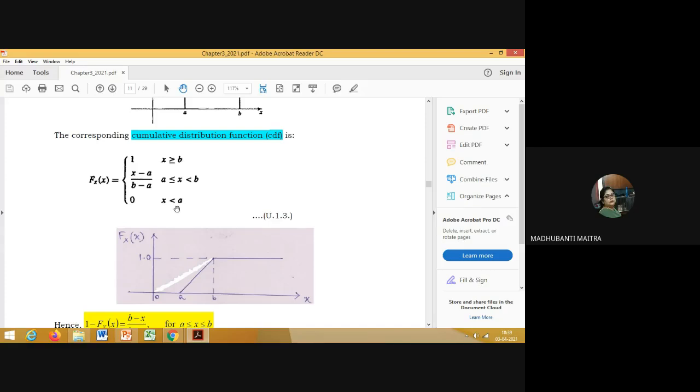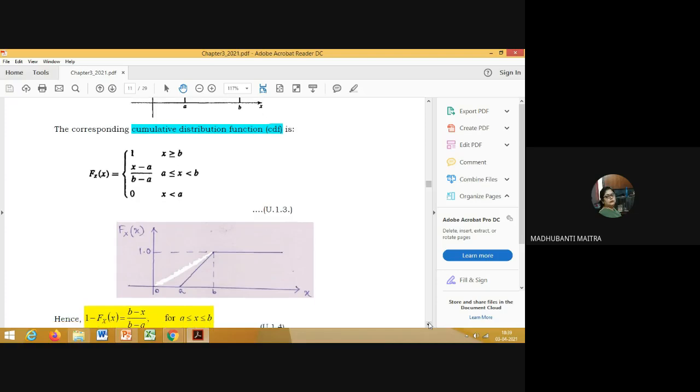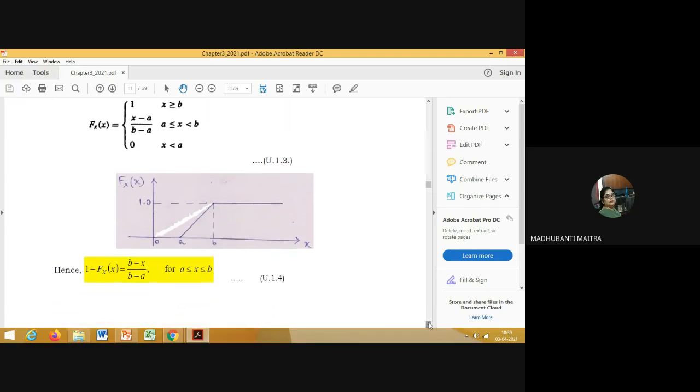And when x is less than a, the distribution function will assume values which are zeros, right? And from a to b, the distribution function will increase like this. So from this density function or distribution function, it's clear that the random variable in this case is a continuous random variable.